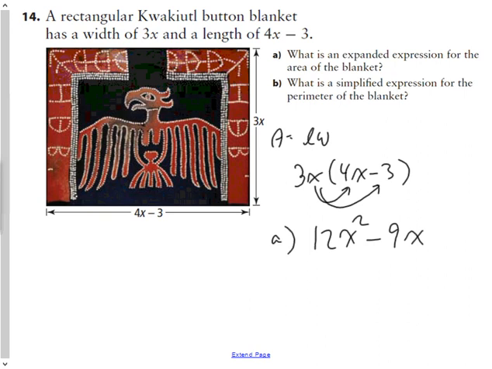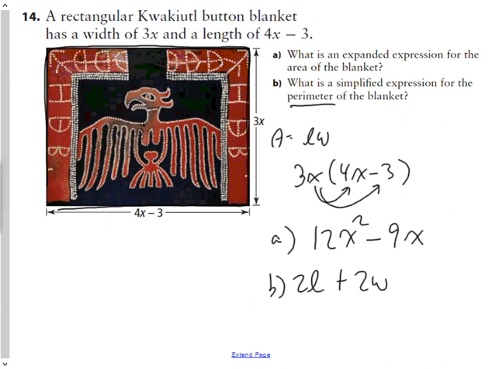And it says, what is a simplified expression for the perimeter of the blanket? And therefore, we know that perimeter of a rectangle is 2 lengths and 2 widths. If I wanted to measure the distance around a rectangle, I would add 2 lengths together and 2 widths together. That would be the entire distance around the entire blanket or button blanket.